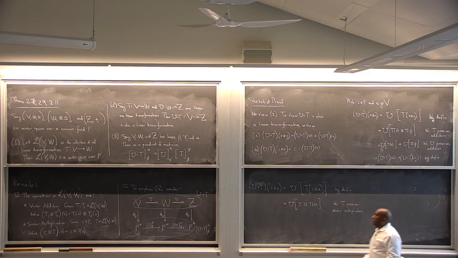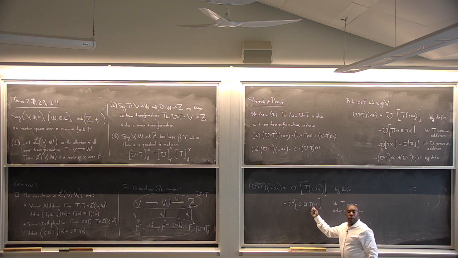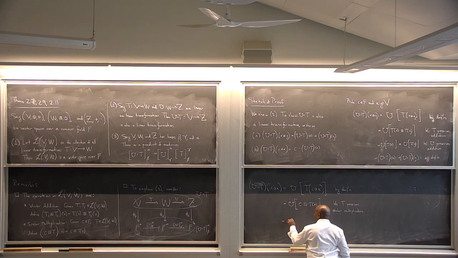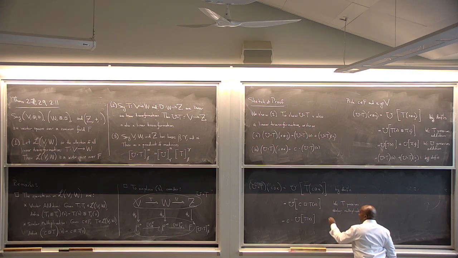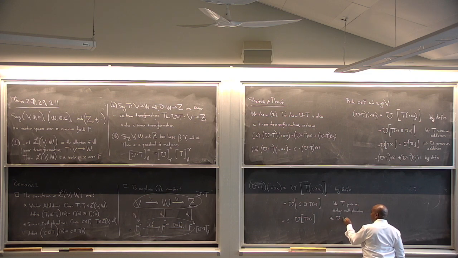But now here I have a scalar times an element of W, so I can bring that out front once more. And again, this is because U preserves scalar multiplication.